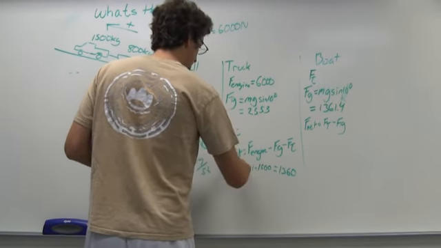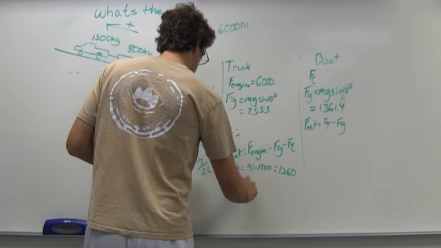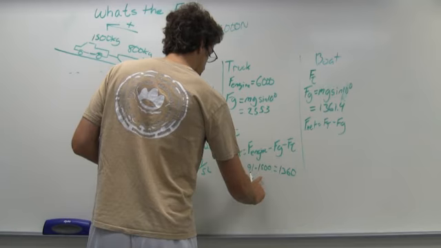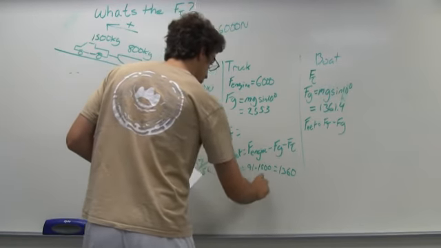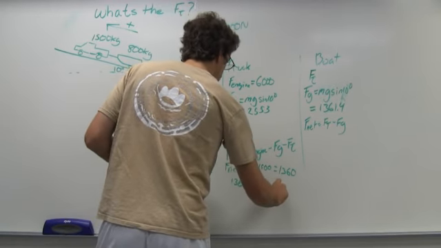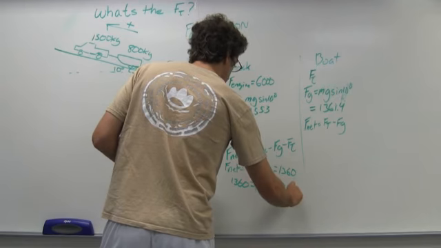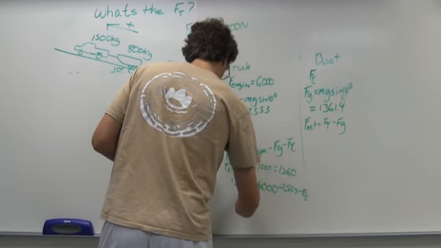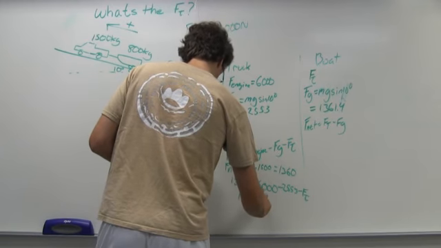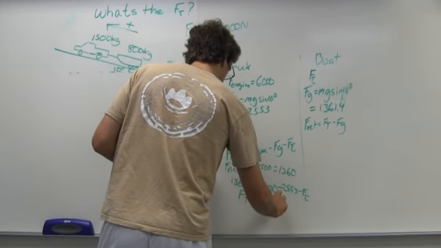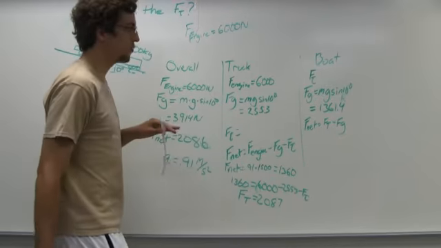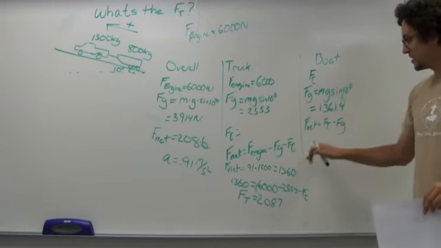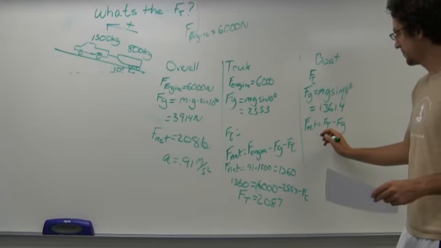Then plug that back into our equation. We have 1360 equals 6,000 minus 2,553 minus Ft, and we get the tension force to be 2,087. Now, if Newton's third law is right, this Ft should be the same as the Ft we get for the boat, and we can check that.